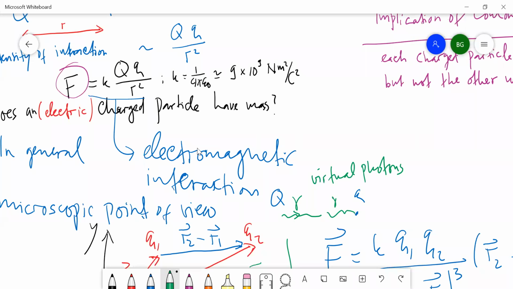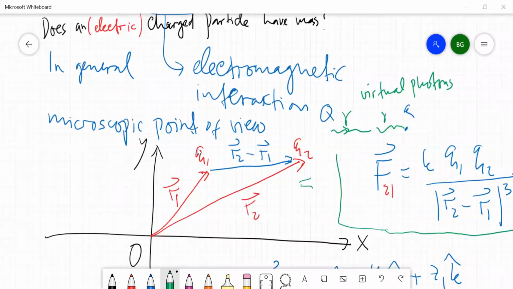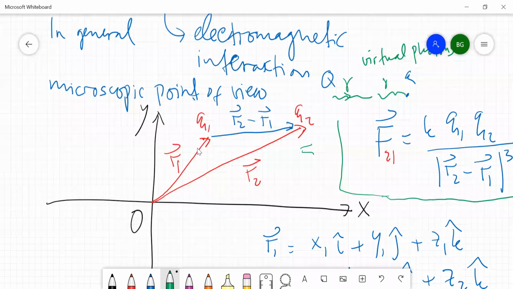This is a microscopic point of view, but this is in quantum theory, so further discussion of this matter is beyond our curriculum. So we will consider it classically, using Coulomb's law.